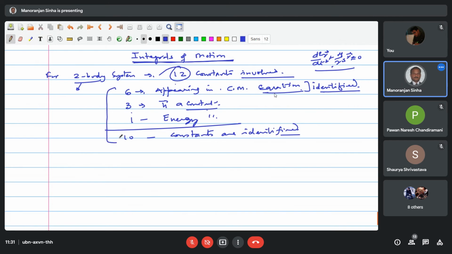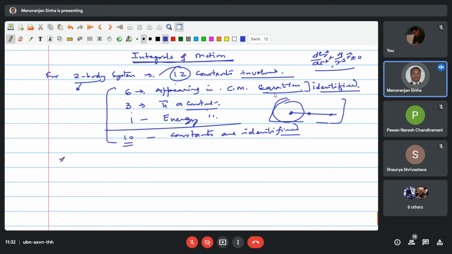Okay. But it so happens that in most of the cases you have one mass very large, another mass very small. So this case gets simplified here. The center of mass of the combined system is moved to the heavier one, and then the problem gets simplified. So we will take up this issue later on, but as a whole we are able to identify 10 constants.